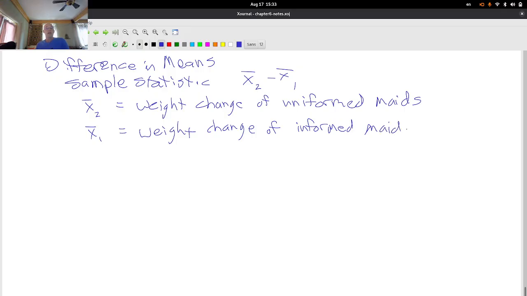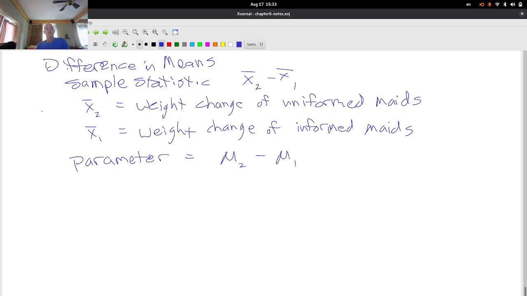And our parameters have the same description. So the population parameter of interest here would be mu2 minus mu1.